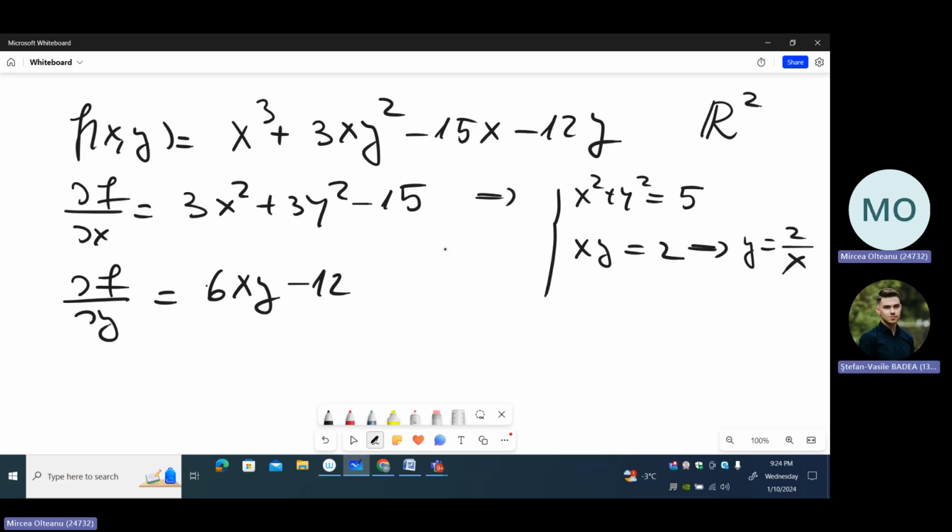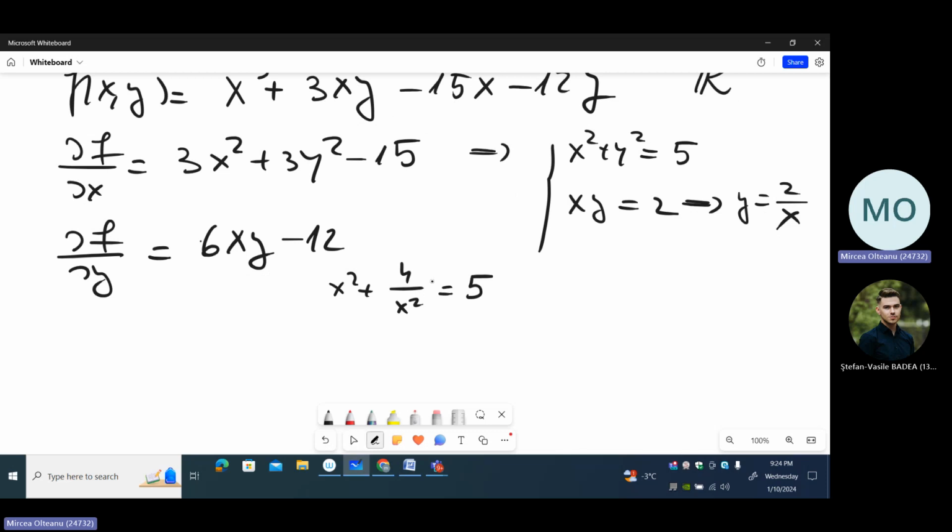Yes. And we replace it in the first equation. So x squared plus 4 over x squared equals 5. Yes. So we get that x to the 4 minus 5x squared plus 4 equals 0.